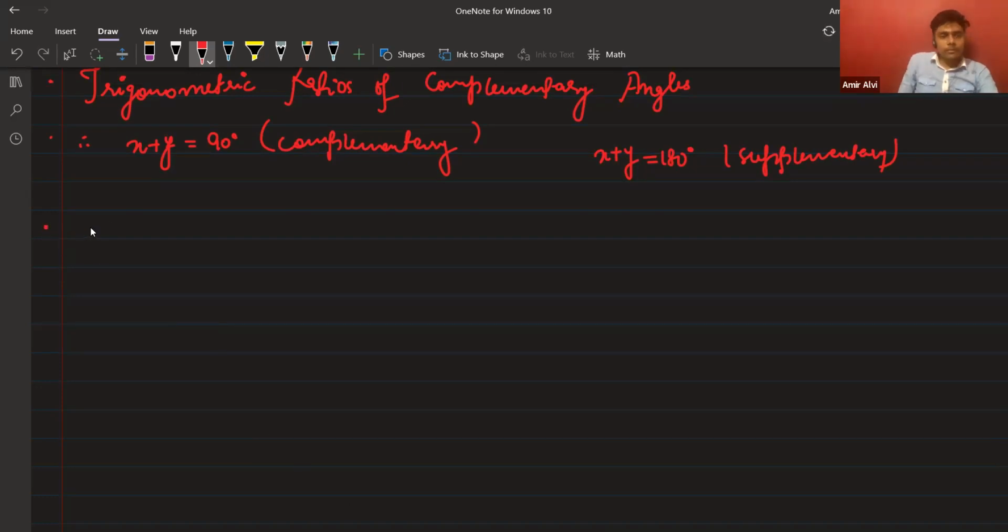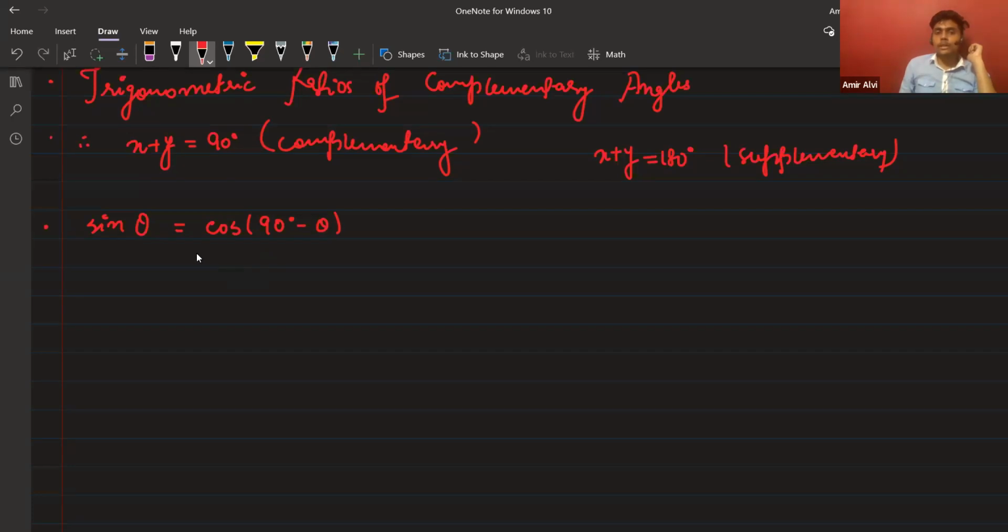Suppose you have sine theta. If you have to write this sine theta in terms of cos theta, how will you write it, Adil? Cos theta into tan theta. Yes, you are taking ratios. If you have to write it in angle form, you will write this as cos of 90 degrees minus theta.